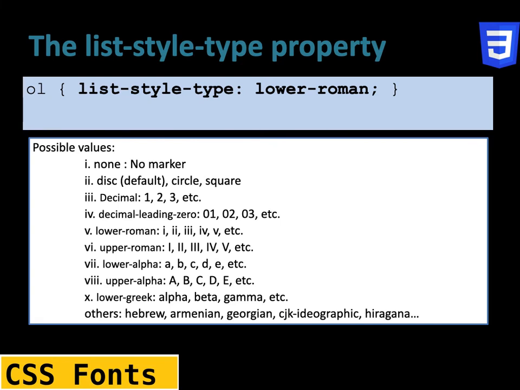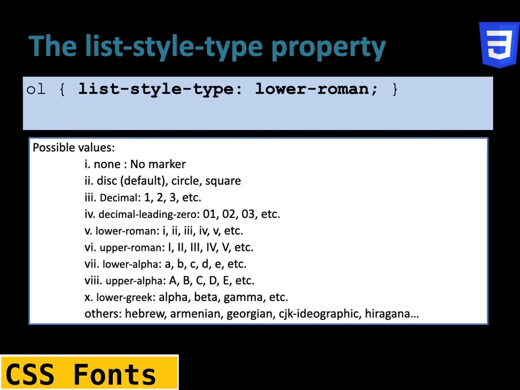Here list style types are defined. Possible values are none, no markers or no labels are defined there. Disk, that is with respect to unordered list, that is the default one. Otherwise you can give circle or square.